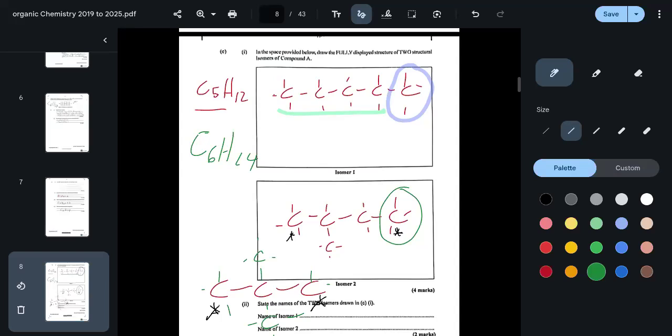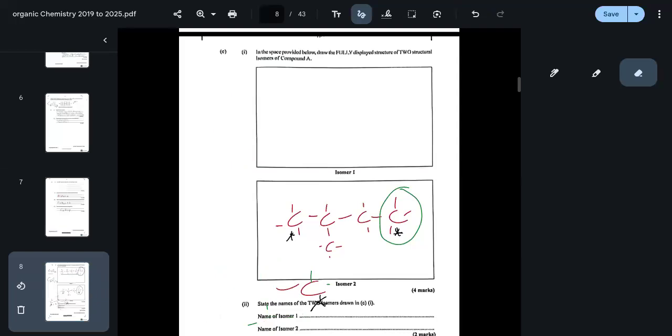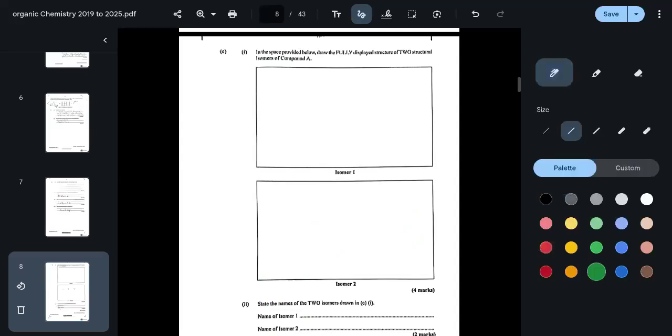All right, so let me do that now. Right, so remember the six carbons were already in a straight line.